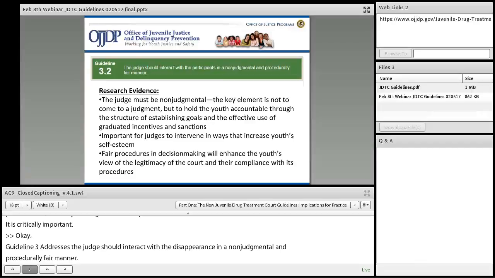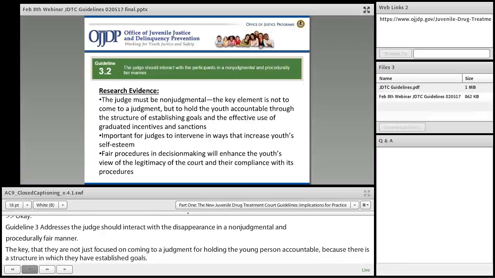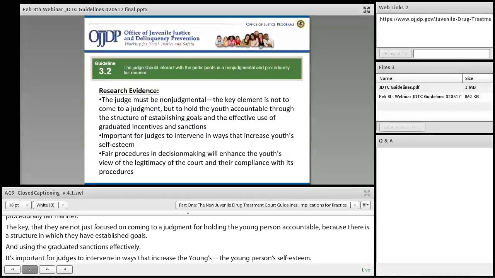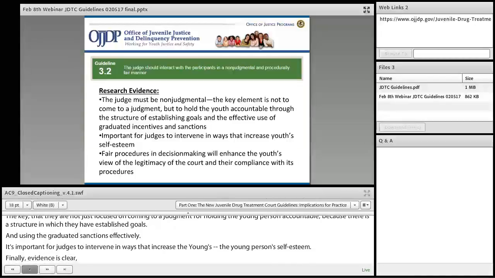So that's going to be important. It's also going to be important that judges are intervening in ways that increase the young person's self-esteem. And then finally, the evidence is clear that when young people experience the decision-making of the court as fair, then they're more likely to view that as legitimate, and their compliance increases with the procedures of the court.